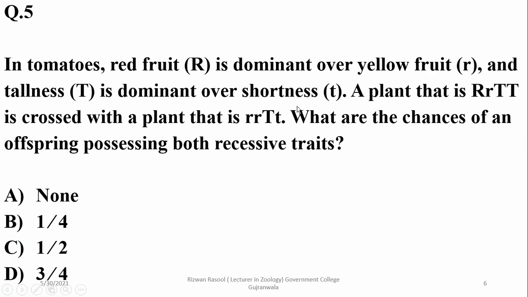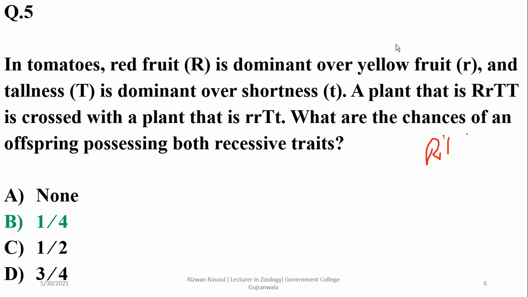and tallness is dominant over shortness. A plant having red fruit and tall height, heterozygous for both, is crossed with a plant having yellow fruit and tall, heterozygous for height. What are the chances of an offspring possessing both recessive traits? We'll get two types of gametes over here, like capital R, capital T, and small r, small t.